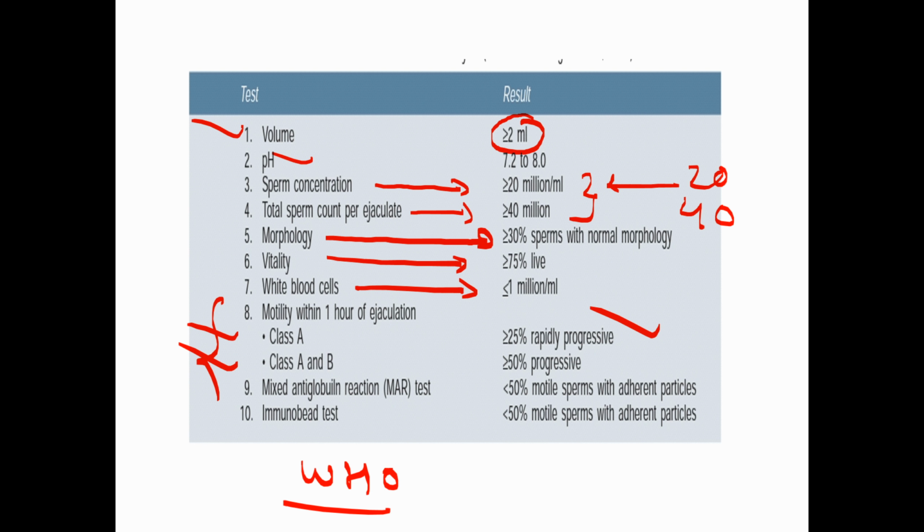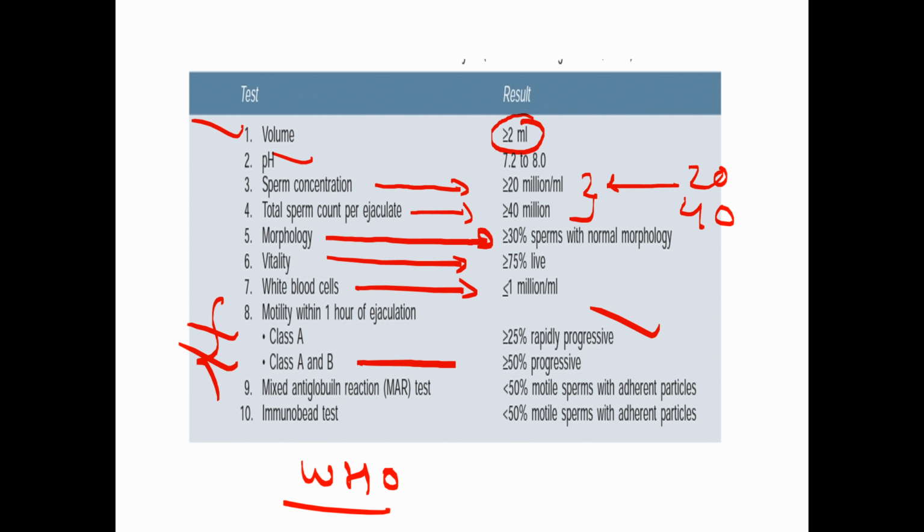That is the fast, one-direction movement of rapidly progressive sperm, which are included in class 1 of the WHO criteria, because they are the only sperm which can penetrate the egg of the female.